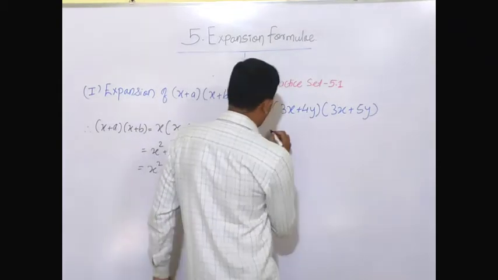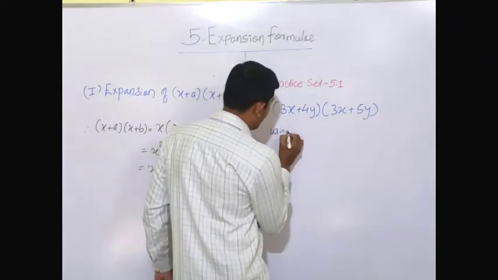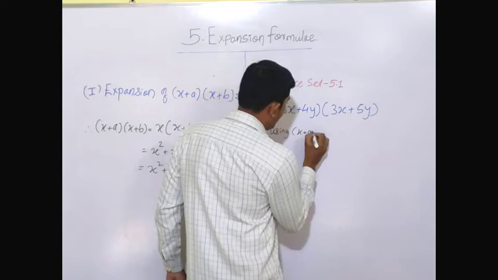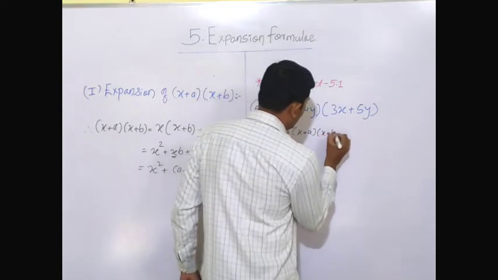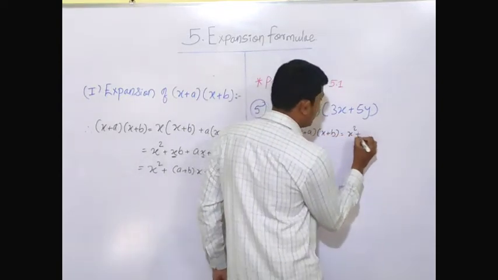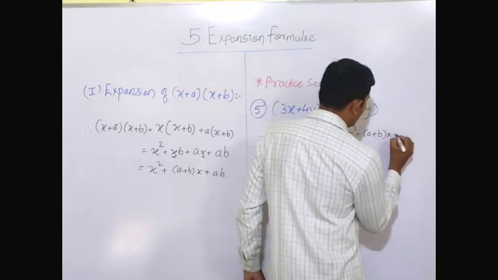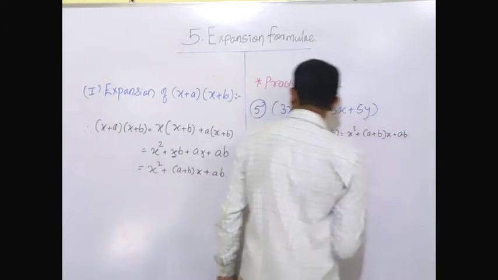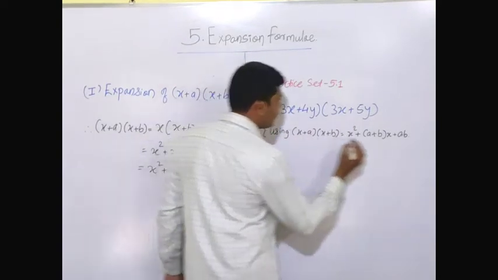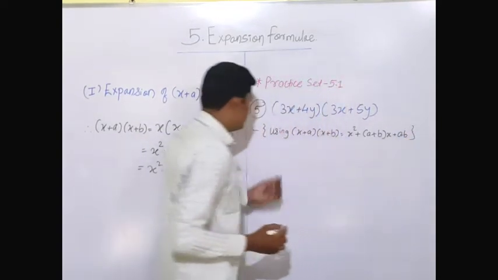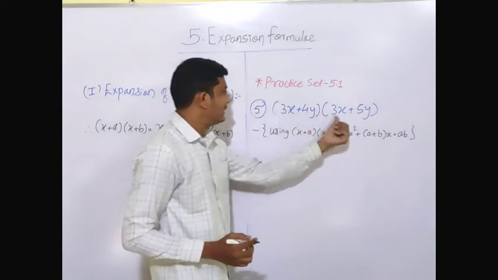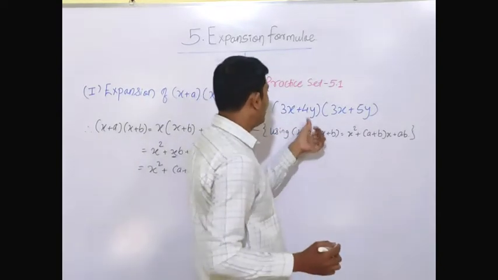Which formula we have to use? Using (x plus a) into (x plus b), which is equal to x square plus (a plus b) into x plus a into b. This formula we have to use. So what is the value of x here? 3x. What is the value of a? 4y.